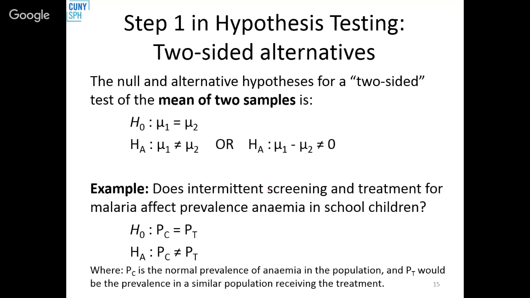Whereas in two sample tests, we are doing a hypothesis test about the means of two populations where we don't have the population mean of either of them. All we have is those two sample means. And the alternative is that those two population means are not the same, or equivalently, that the difference between them is not zero.